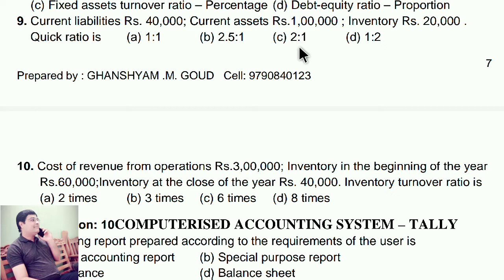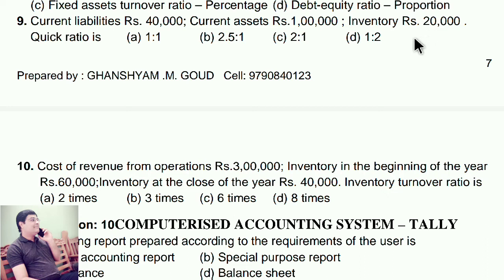Now listen. What is the formula of quick ratio? Current assets minus inventory minus prepaid expenses, divided by current liabilities. Here current asset is 1 lakh and inventory is 20,000. So 1 lakh minus 20,000 is 80,000.